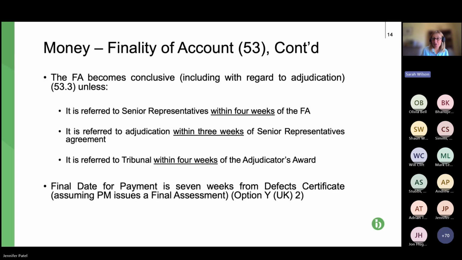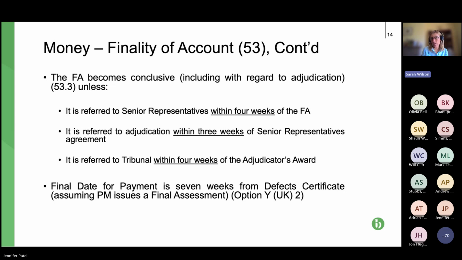And I think what you need to be doing with your NEC4 projects is thinking probably, I don't know, two-thirds of the way into your defects period, whether this could be going to a dispute or not, and actually starting to think about preparing for a dispute if needed, because particularly if it's a large dispute, even if you refer it to the senior reps, so you've got 4 weeks to do that, and assuming they don't reach an agreement, you've got another 3 weeks to adjudicate.